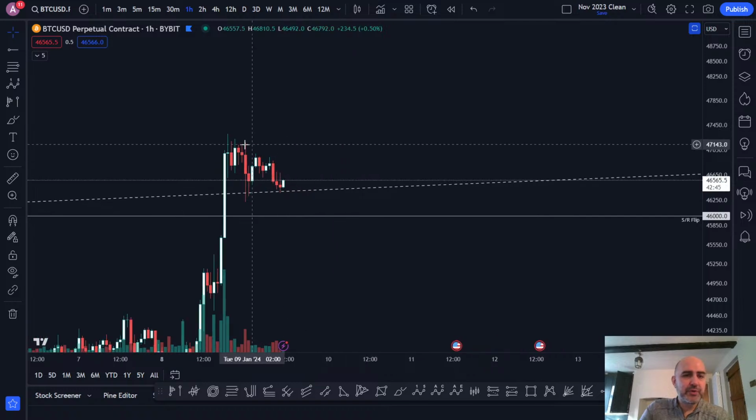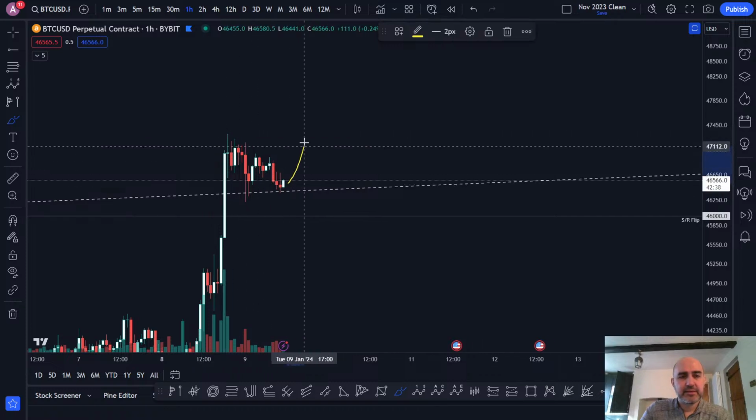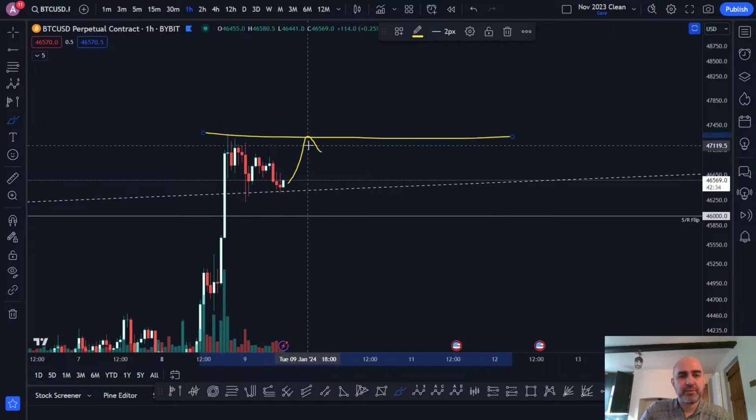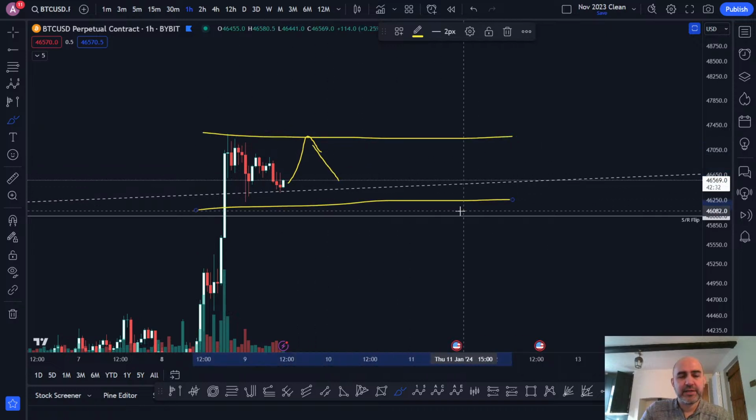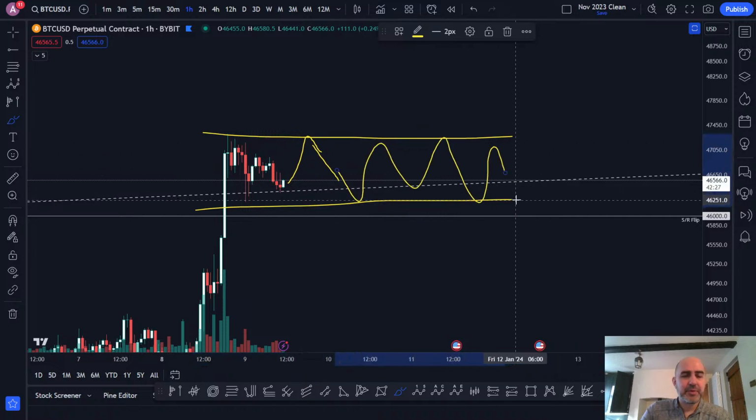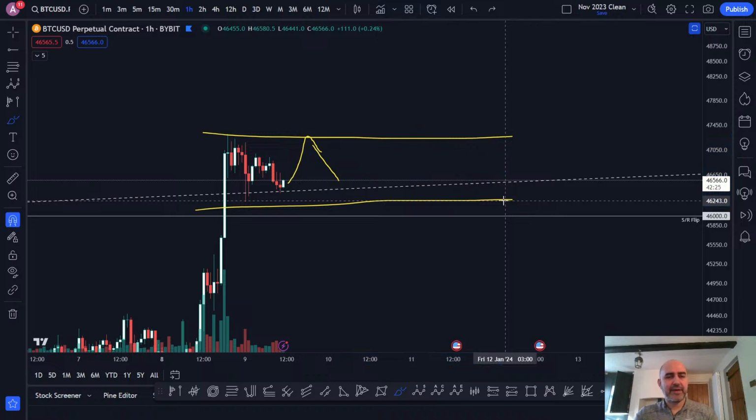And what I would like to see now is another high, form a trend line at the top, another low, form a trend line at the bottom, and then you can start trading that from top to bottom. That's what I would like to see, however that forms.